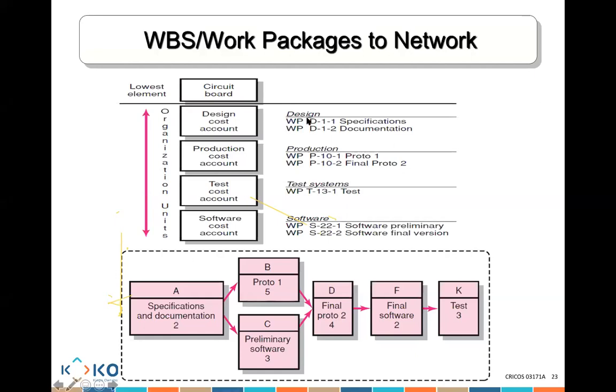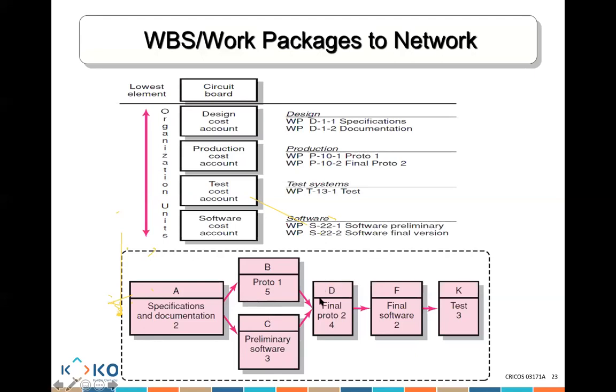So here, we have 2 work packages which were combined to be activity A, and to start, it's going to take 2 days. And after that, there's prototype and final prototype, which are going to come as B and D. And there's preliminary software, which is going to come at the same time as prototype.